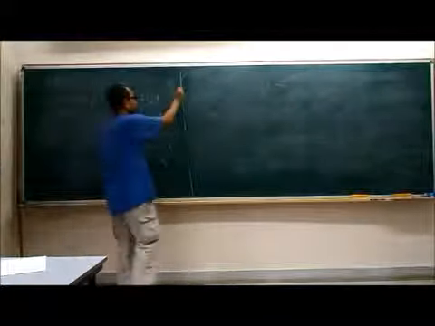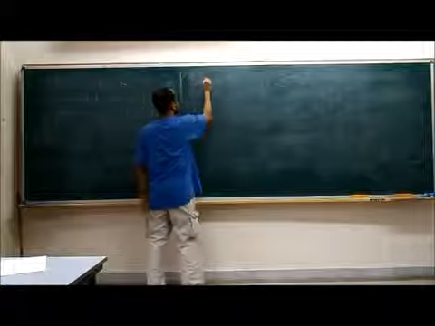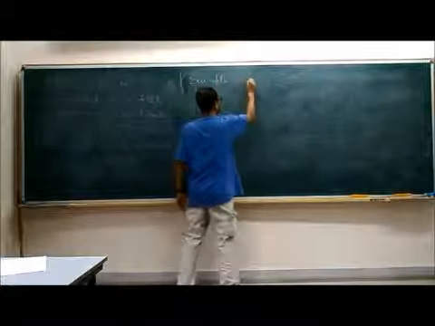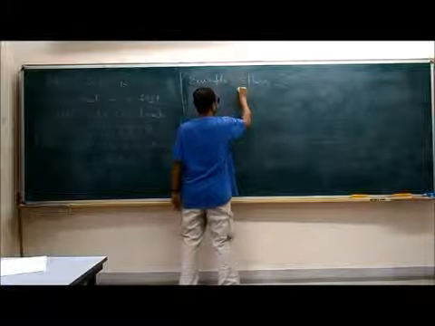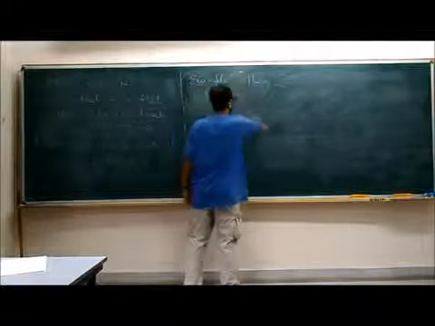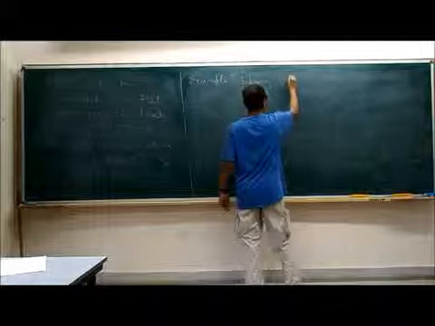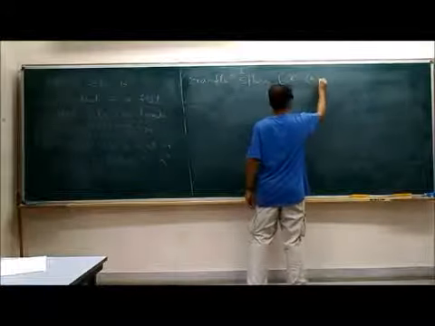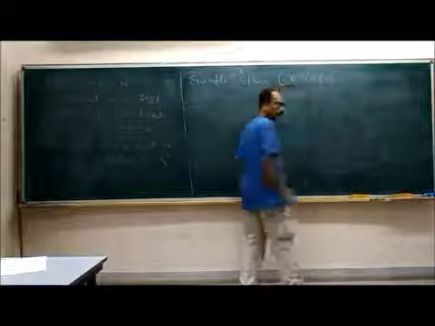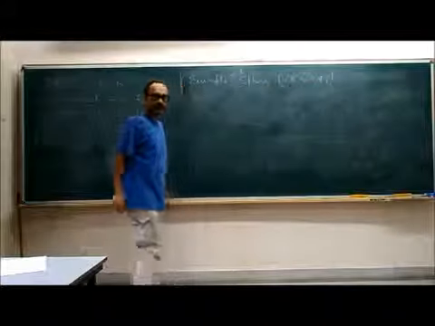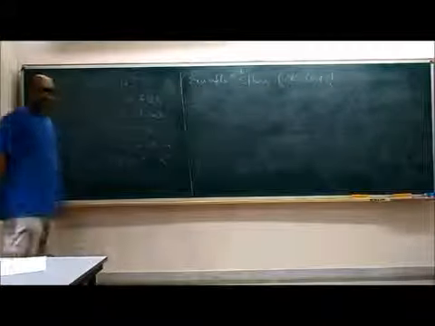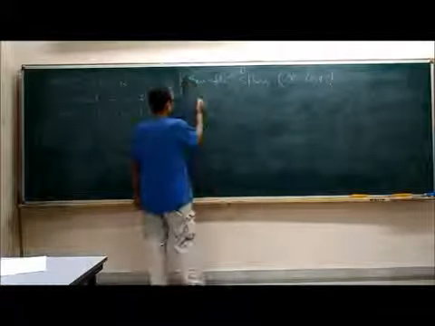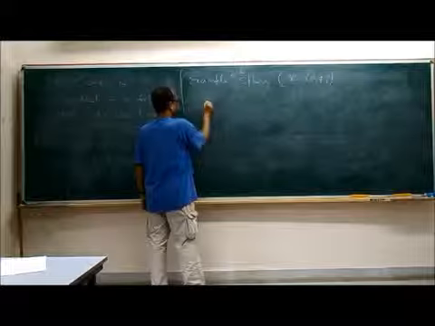So, an example is the two-dimensional sphere. Here the x's we can take to be theta and phi. These are the intrinsic coordinates that describe the sphere. And the embedding space is y1, y2, y3.